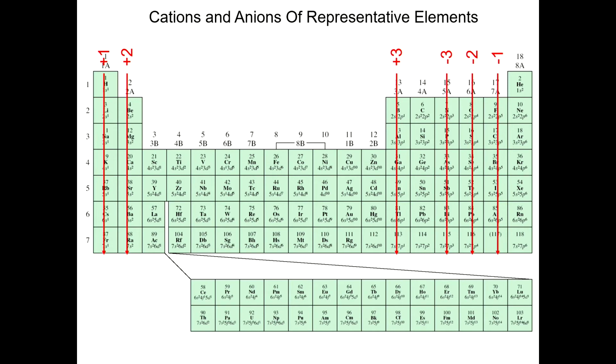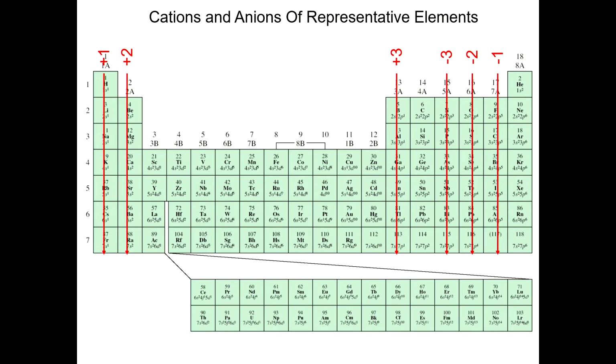So here we can see for the representative elements, for group 1, basically they usually show +1 charge. Okay, and for group 2A, they show +2 charge.